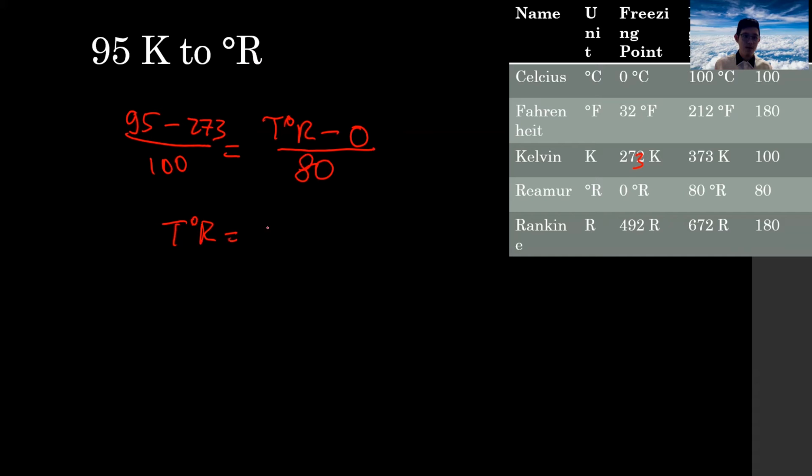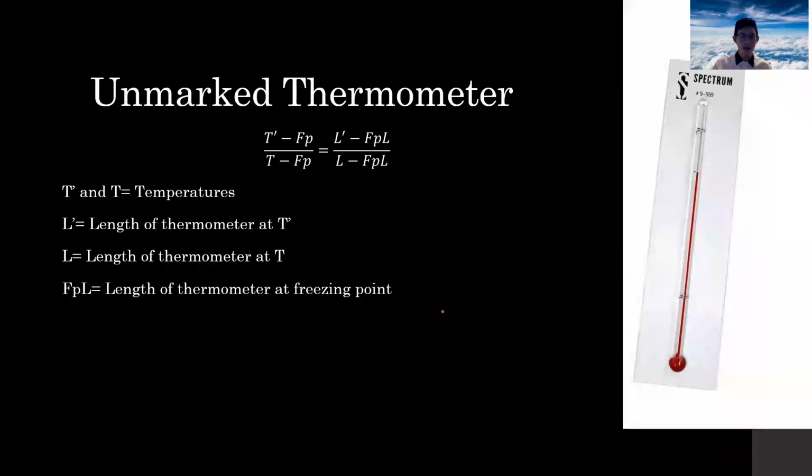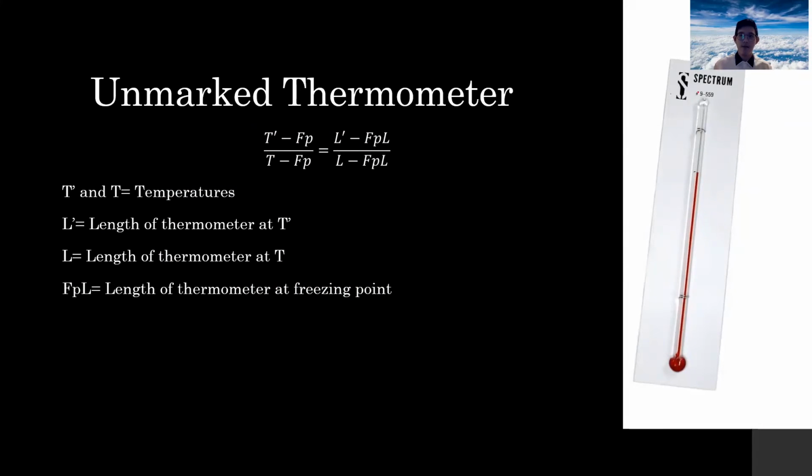Temperature in Réaumur is 80 per 100 multiplied by 95 minus 273, and we get the answer negative 142.4 degrees Réaumur.